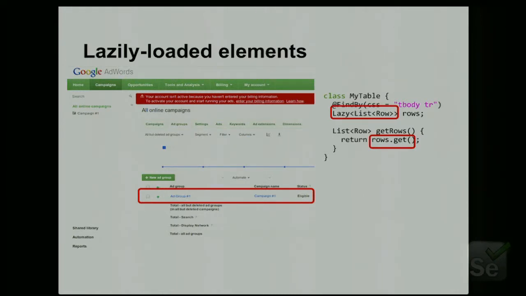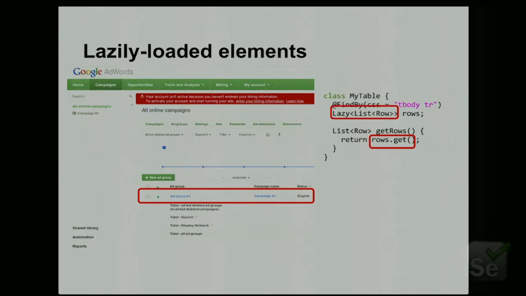And it will actually recalculate this every time you call get. So it works sort of like if you had disabled caching in Page Factory, if you've looked at that. With Page Factory, if you use the default configuration, it always lazily loads its elements: the first time you access an element, that element is actually just a proxy that will lazily do the find.